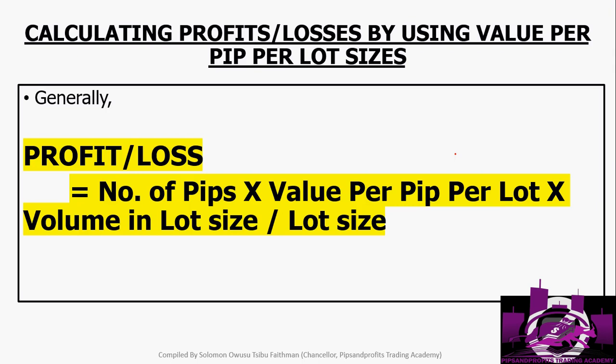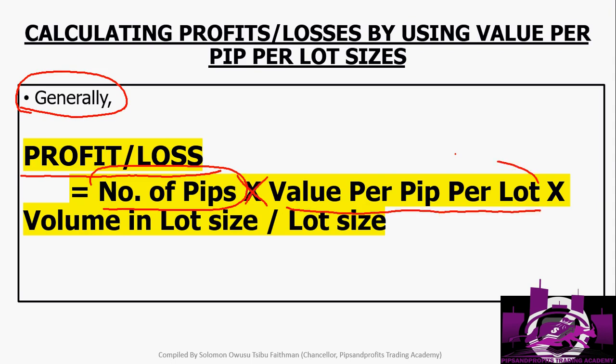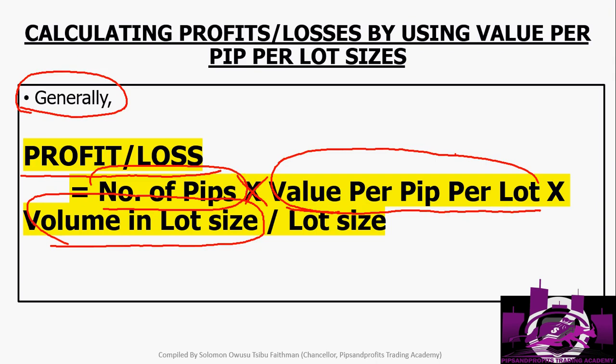When you look at this very well, you will see that the general formula is: your profit or loss is going to be number of pips times your value per pip per lot, times your mini lot size divided by lot size.